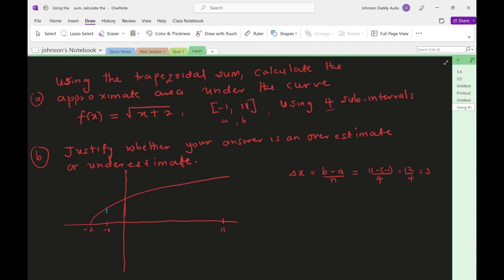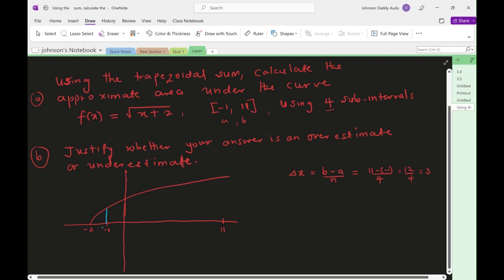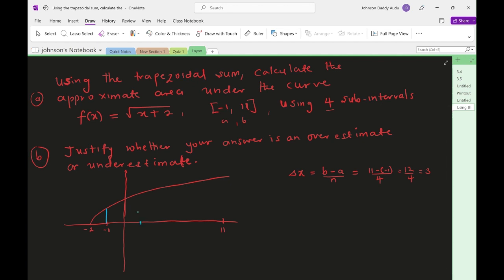So if this is minus 1, our starting point, we will have this. Then we'll add 3. So the next point will be 2. So you can see now the width here from minus 1 to 2 is a distance of 3. That is our delta x.